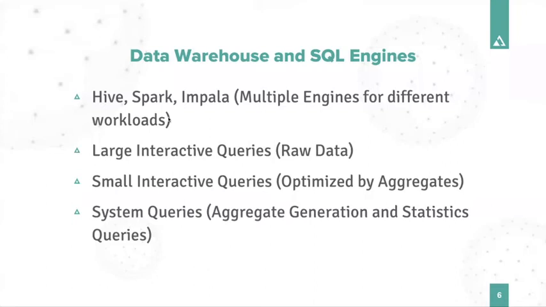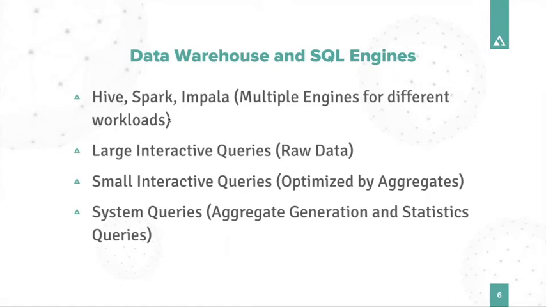what you should be aware of from an AtScale system perspective is that there are three query channels AtScale will communicate to your data warehouse with. And when I say three query channels, those query channels have been categorized as large interactive queries, small interactive queries, and system queries.